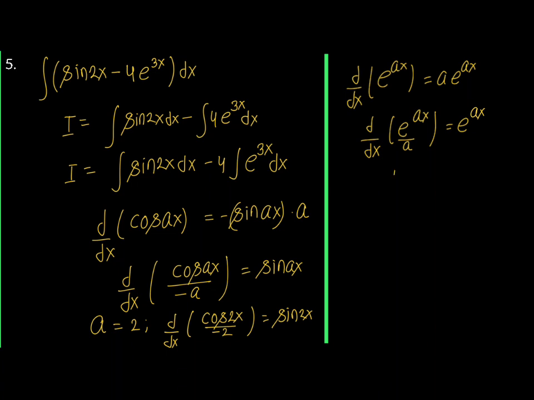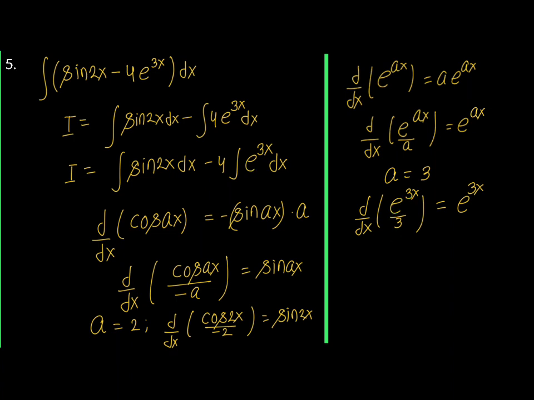If we put a equals 3, I will get d by dx of e to the power 3x upon 3, which is equal to e to the power 3x. So I can also write the integration of e to the power 3x as e to the power 3x upon 3.